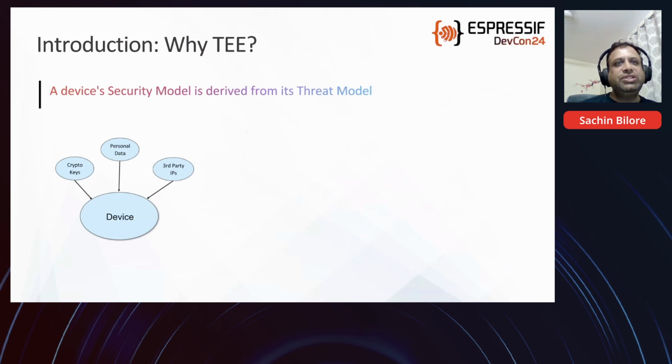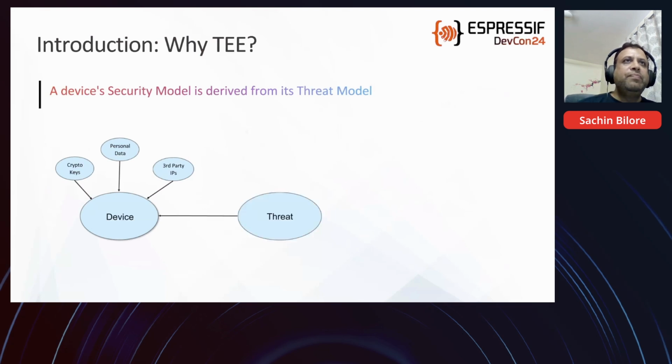So these data we generally term as security sensitive assets, and these are generally the interest of attackers on the device. Some examples of these security sensitive assets are as shown here, but not limited to these: cryptographic keys, personal data, third-party IPs if they are also integrated into the device, and the OEM has some obligations to protect these IPs.